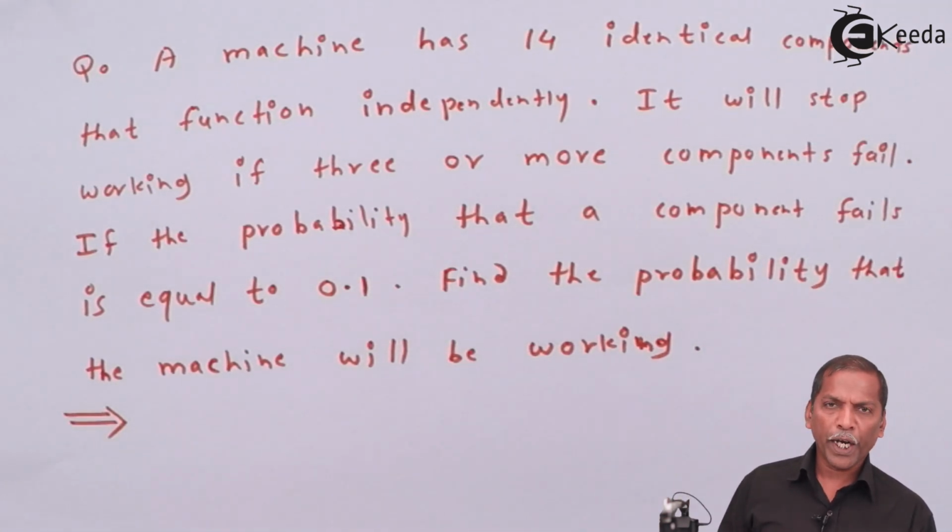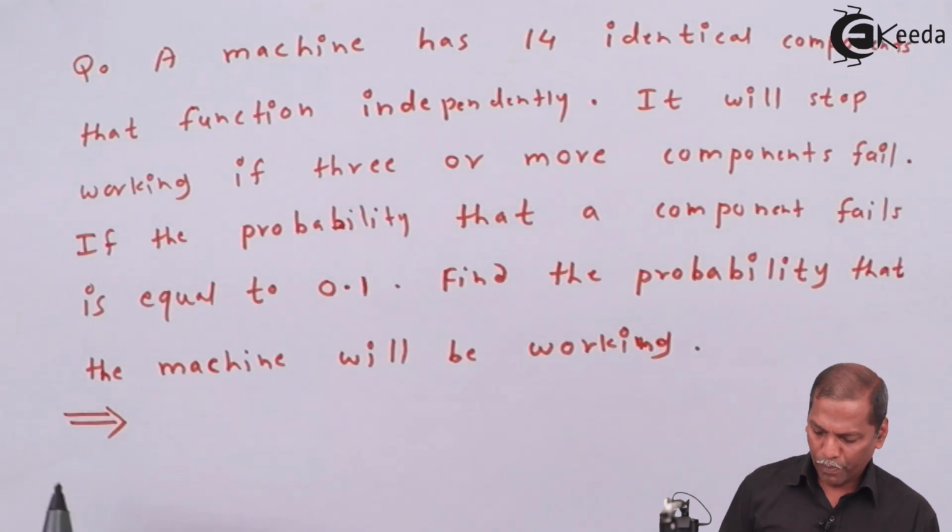First of all, we denote X as the number of failed components.